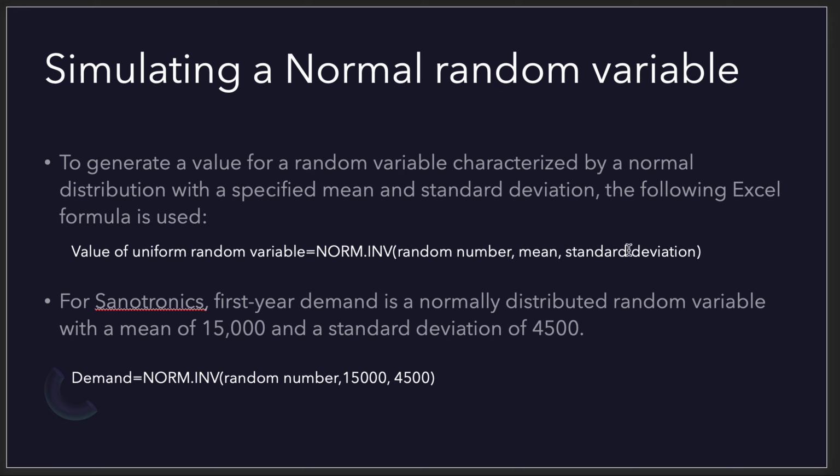Then you give the mean and the standard deviation of the normal distribution associated with the random variable. In this Santonic problem, the first year demand is normally distributed with a mean of 15,000 and standard deviation of 4,500. So the demand will be simulated as NORM.INV, with the random number as the first argument, then 15,000 for the mean and 4,500 for the standard deviation.